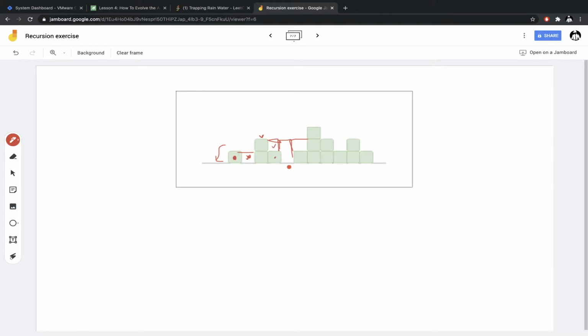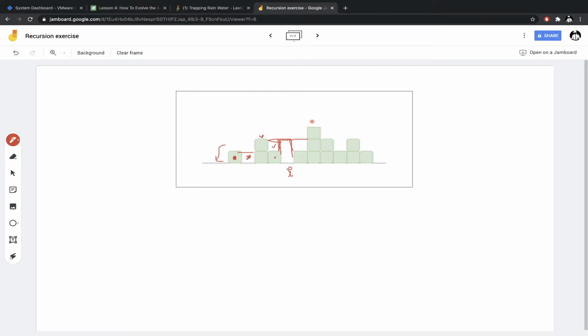So we can see that for any position i, we have to find the maximum on the left side and the maximum on the right side, and then whichever is the minimum of these maximums, we subtract the height of i from it, and that much water we can store.